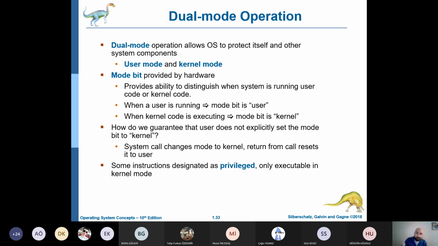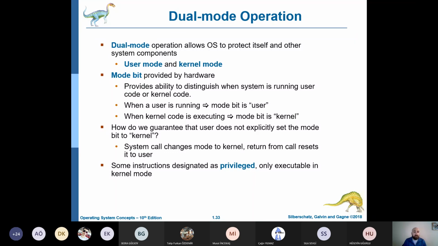Actually, it's important for that program, but it's not going to affect other programs too. If that problem affects the operating system, it's going to affect all your systems and all your programs. For that reason, we have to distinguish the operating system code and the user-defined code or application code.